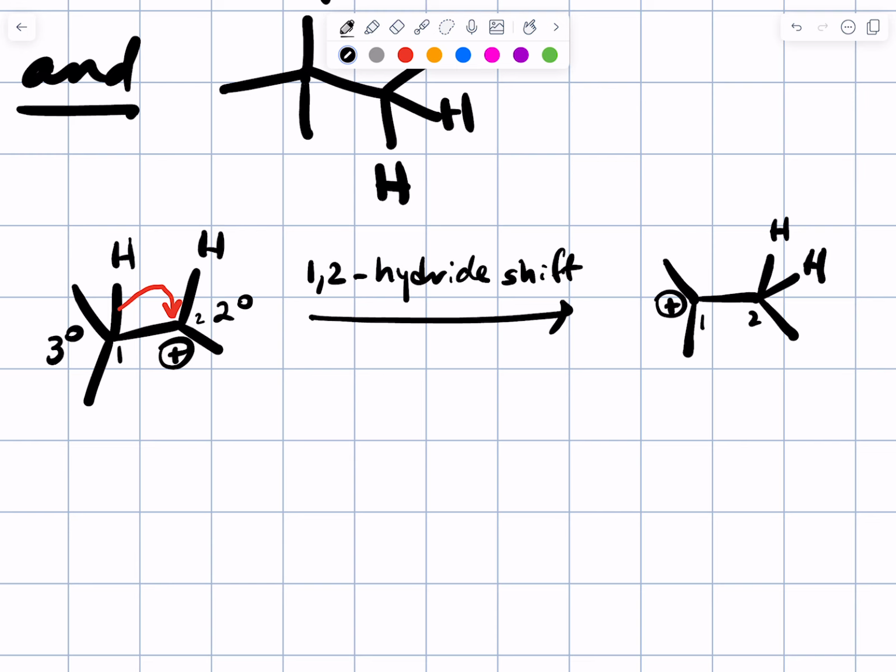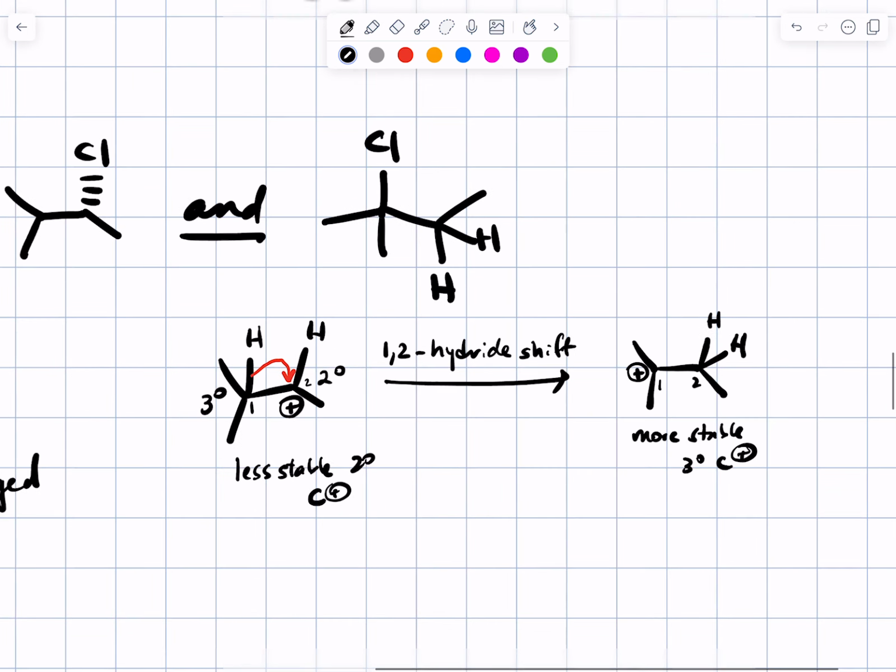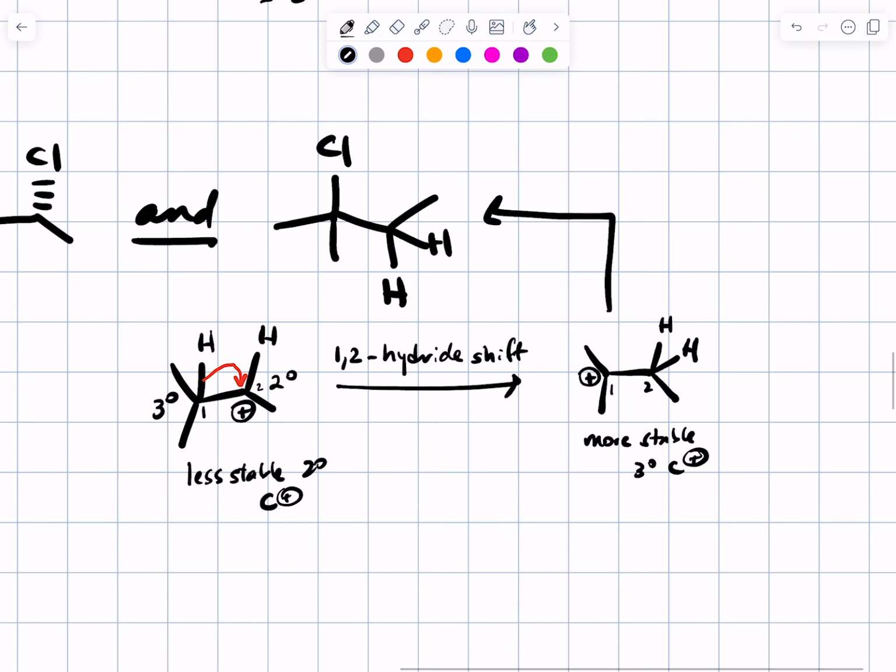As before, we get to go from a less stable secondary carbocation to a much more stable tertiary carbocation. And then, of course, if we do substitution chemistry, that will get us to that rearranged product. Okay. So, yes?